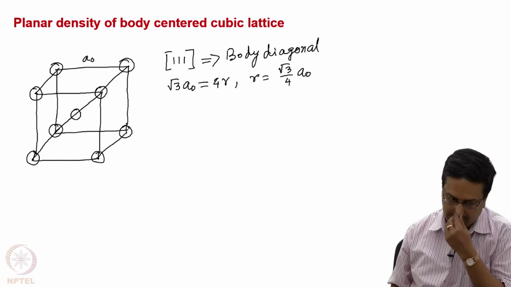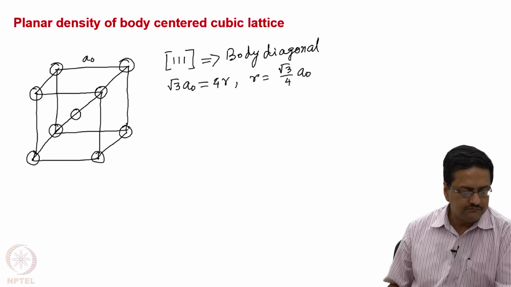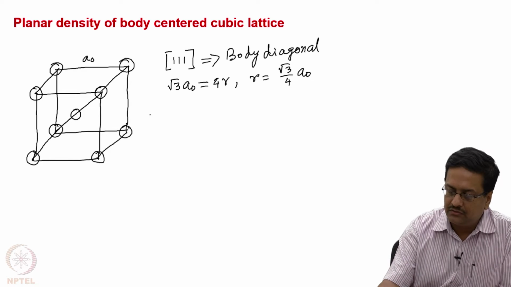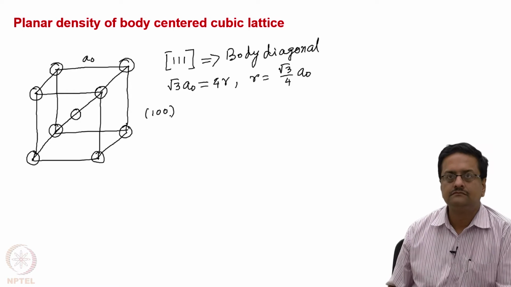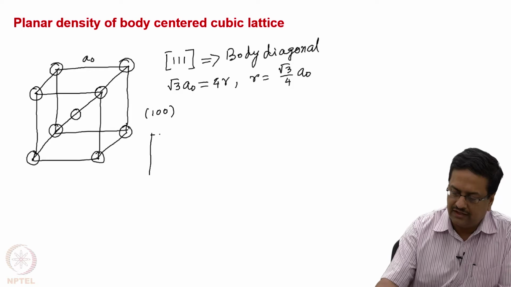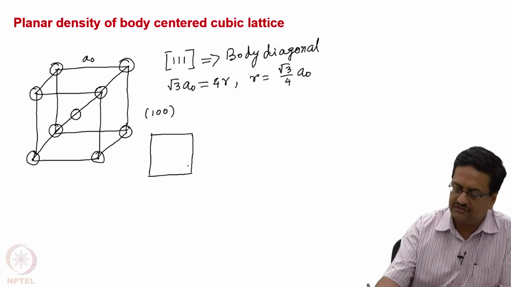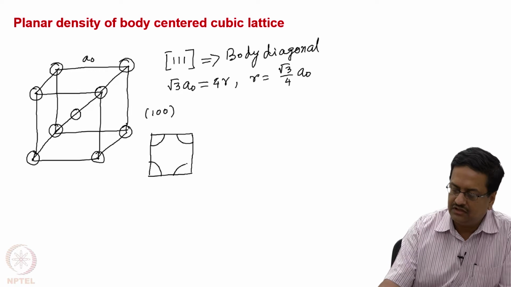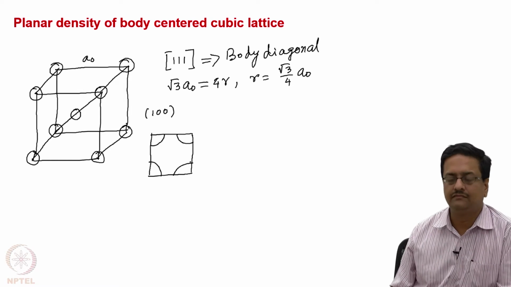So with this in mind, let us start working out the 1 0 0 plane. The 1 0 0 plane is one of those 6 faces of a cube, and remember, since the body diagonal is the close-packed direction, the atoms do not touch along the face.